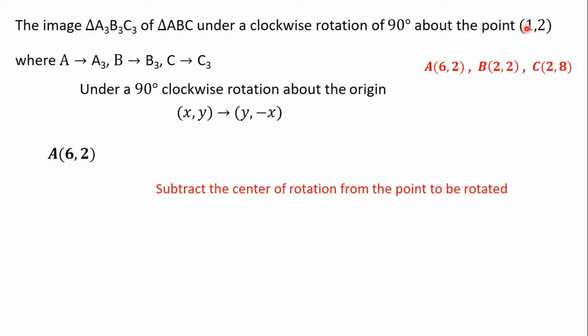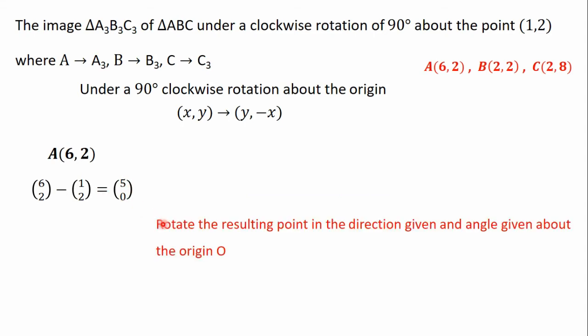So you subtract (1, 2) from (6, 2). 6 minus 1 will give us 5. 2 minus 2 will give us 0. So after subtracting the center of rotation from the point to be rotated, we are having the point (5, 0).